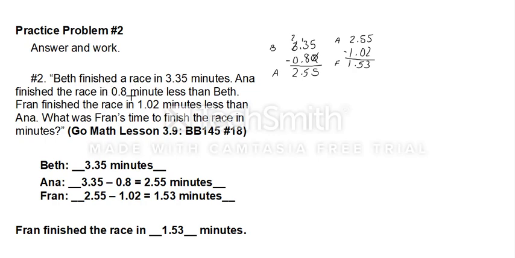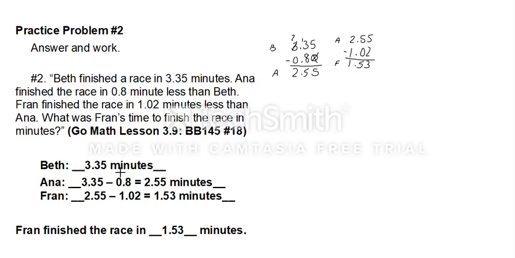And the way that I would figure that out is by subtracting the time that's less from Beth's time, and I would get Anna's time. And then I know Fran finished the race in 1/200 minutes less than Anna. So in order to figure out Fran's time, I have to take Anna's time, and I have to subtract the difference between the 2 times, and that's going to give me Fran's time.